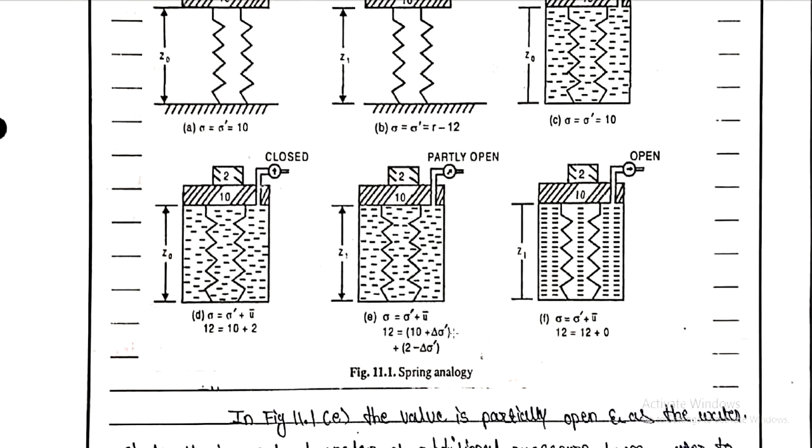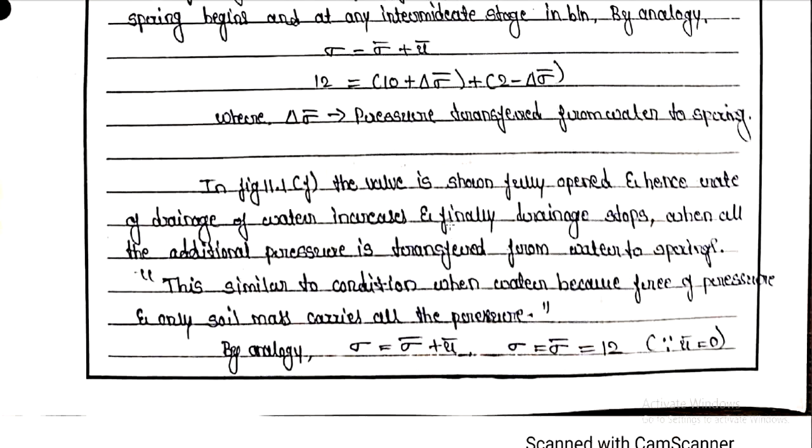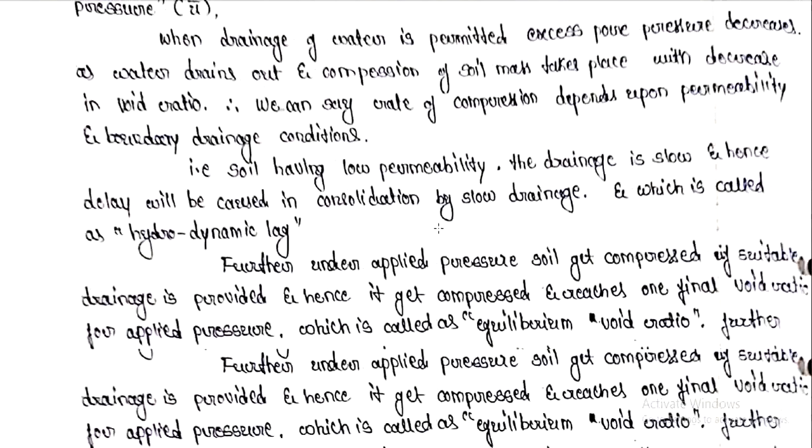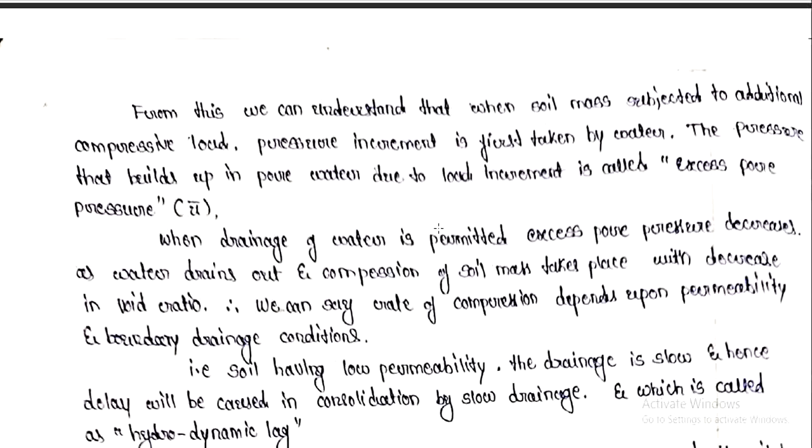So delta sigma dash is transferred to the springs, and delta sigma dash is subtracted from the load taken by the water. Finally, the entire load taken by the water is transferred to the springs. This gives the equation like this. You can go through it, all the explanation is clearly mentioned, so you can just study the spring analogy.